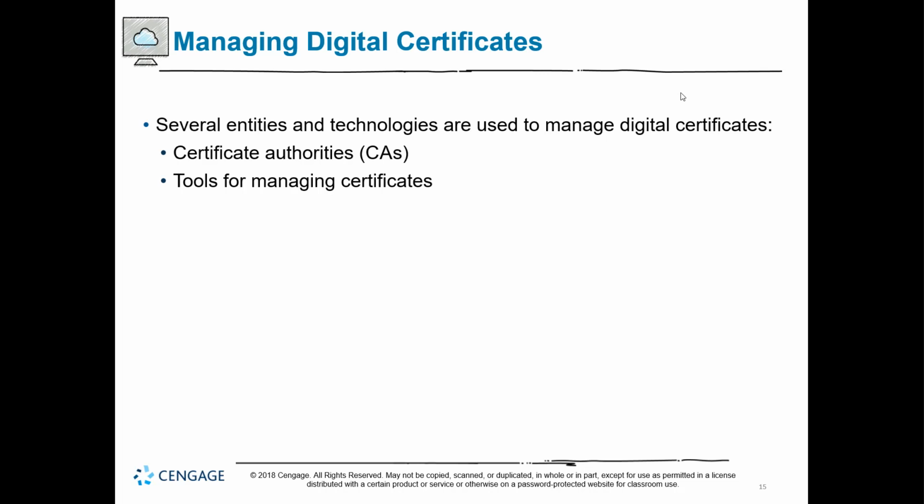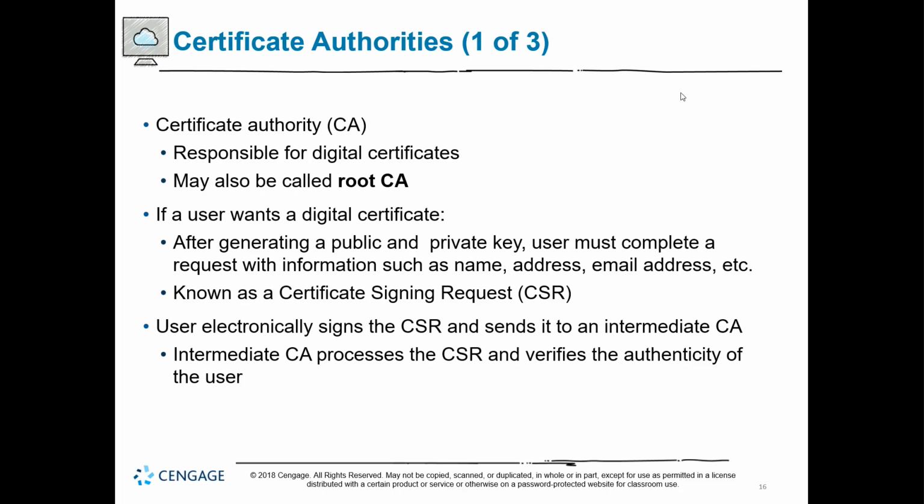So several entities and technologies are used to manage these digital certificates. The big one is certificate authorities, the top level guys that issue these certificates. They provide the tools for managing these certificates. A top level certificate authority is also called a root certificate authority, and they are responsible for all digital certificates underneath them.